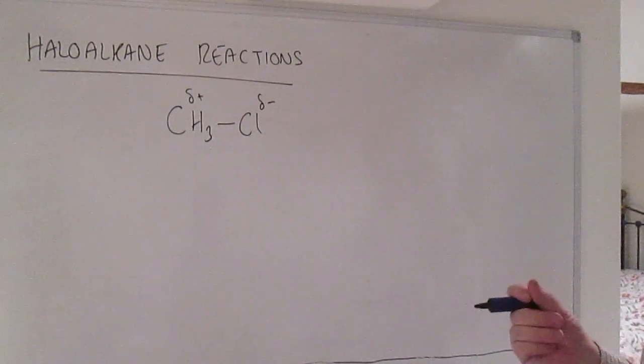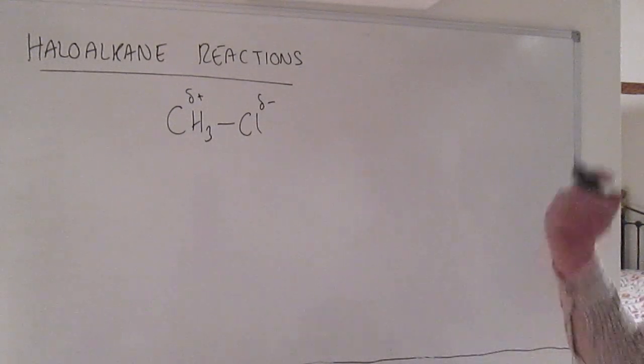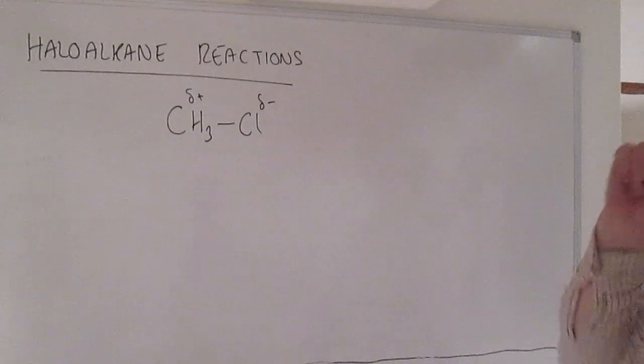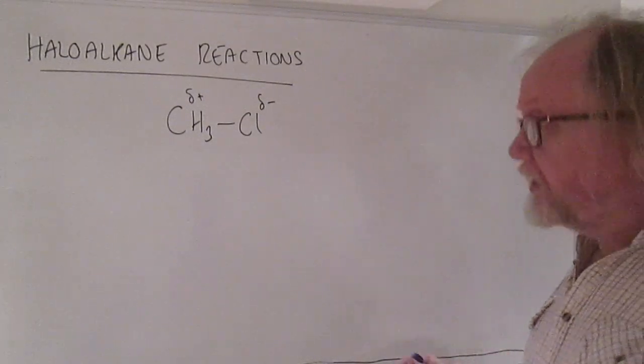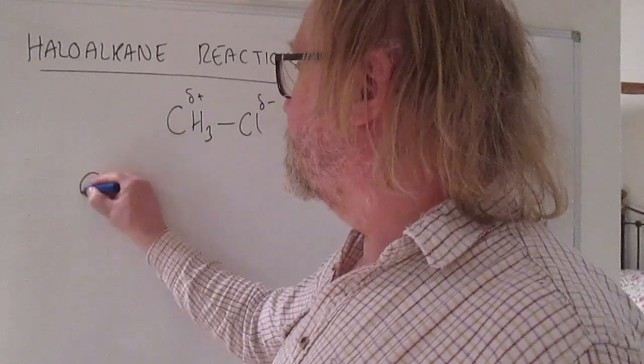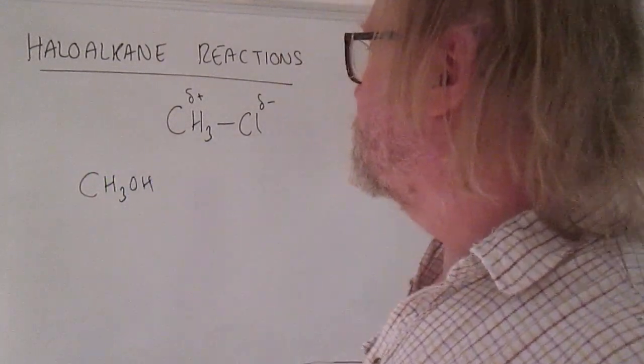But for the moment, we'll just look at really the one reaction that we're going to learn for the moment, although next year you'll learn several more which you'll see are closely related to this one. But the reaction you need to learn is with sodium hydroxide.